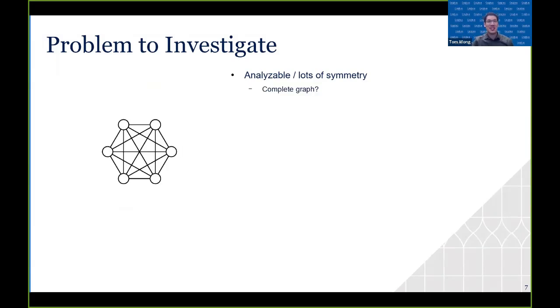But as you all know, the complete graph affects basically all three of the quantum walks I just talked about on the previous slide in the exact same way. They all walk in the same way on regular graphs, including on the complete graph. So this is not a good problem if I want to compare these three types of quantum walks. The reason for this is that the diagonal degree matrix is going to be proportional to the identity matrix.